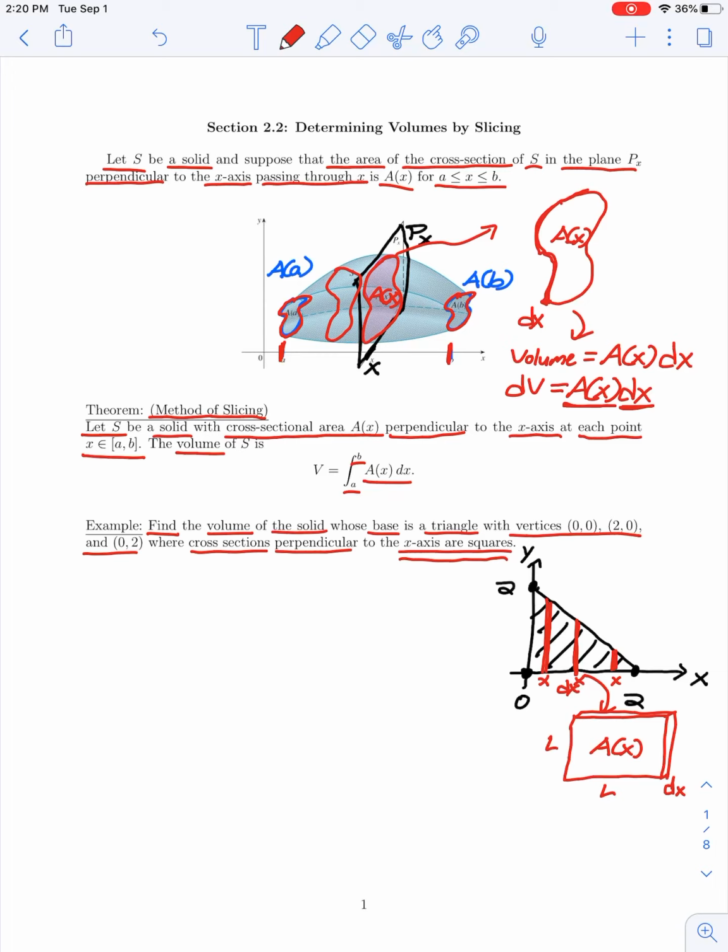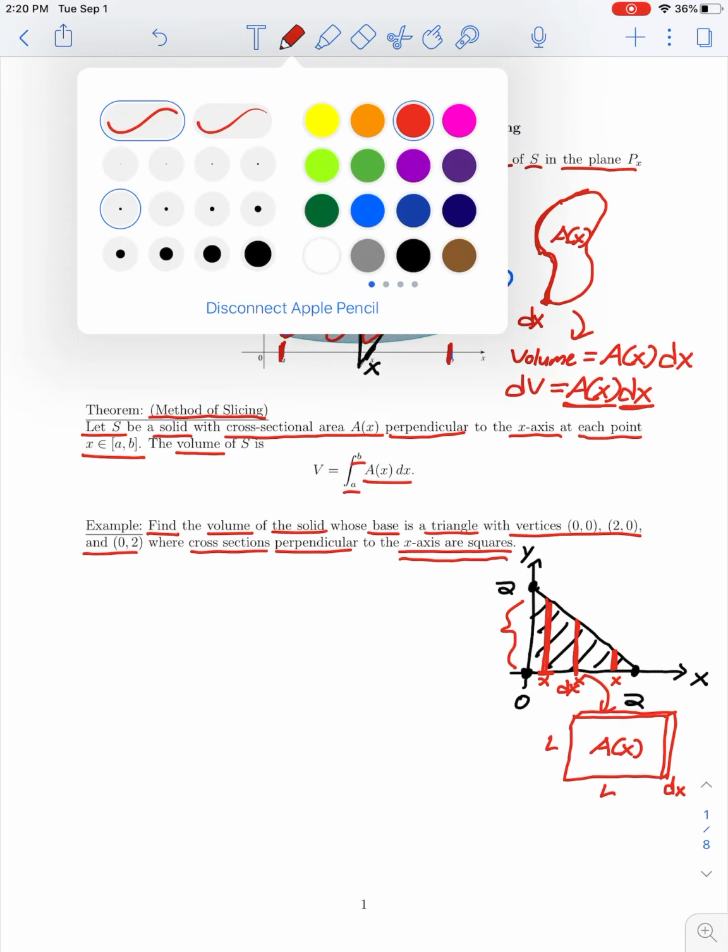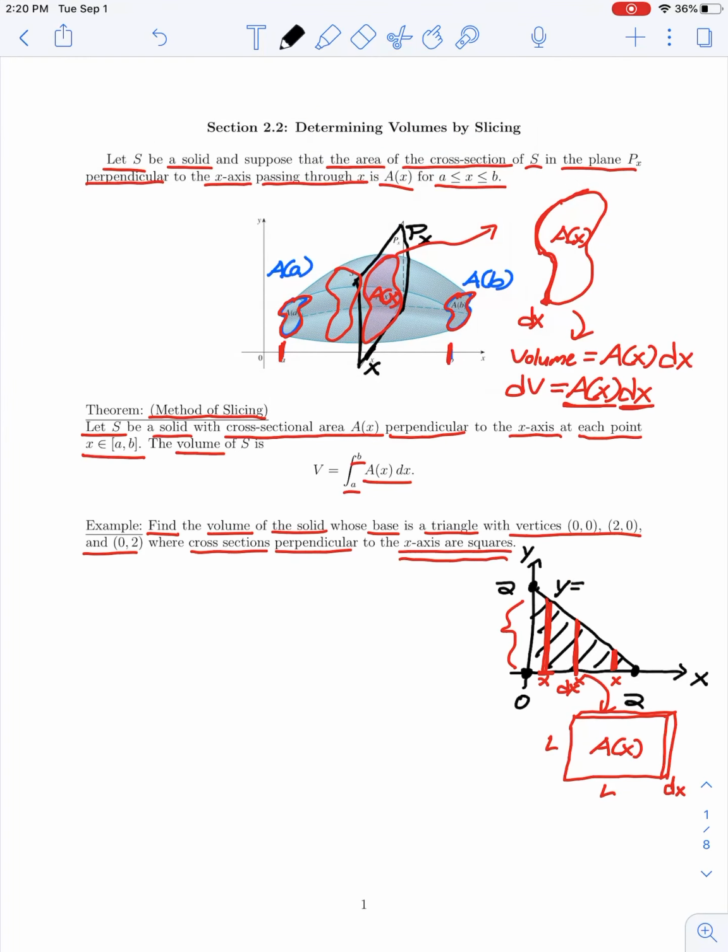But in any case, the length along one edge of this square is given by the length of that representative strip that I'm taking, which is the distance from the x-axis up to the line passing through (0, 2) and (2, 0). Now we know that the equation of that line is 2 minus x. The slope of this line is -1, and the y-intercept is 2.